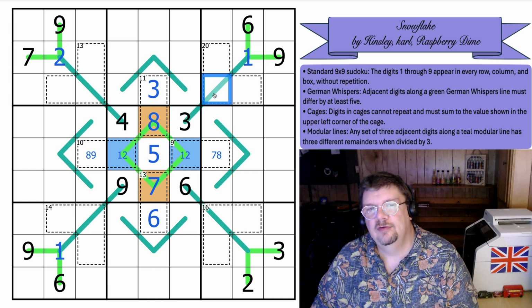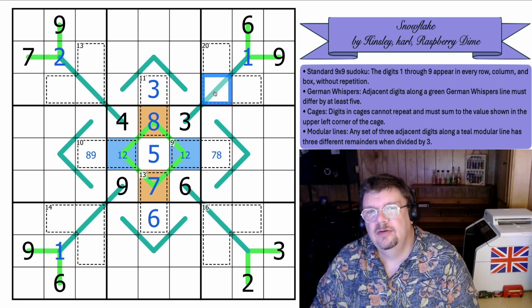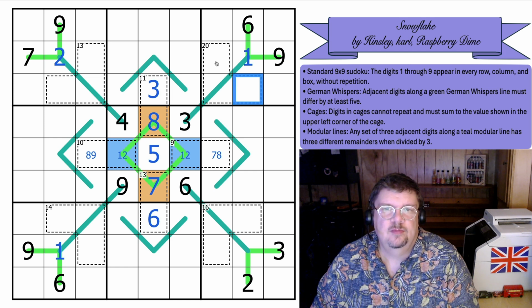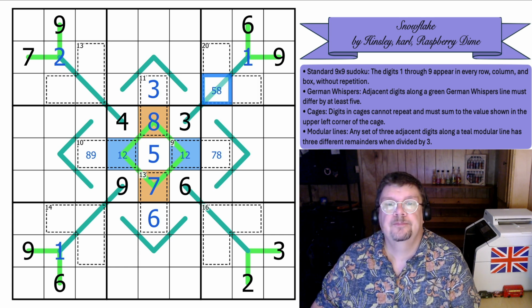So this must be from the 258 set, but it can't be a 2 because even if there weren't any other digits in the cage, the maximum I could make these two cells would be 17 with an 8 and a 9, and 17 plus 2 is only 19. So this is a 5 or an 8.